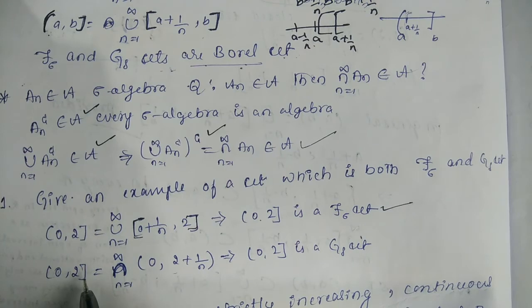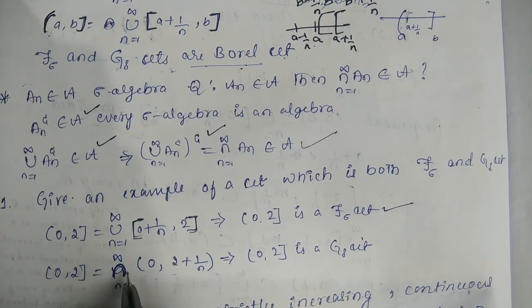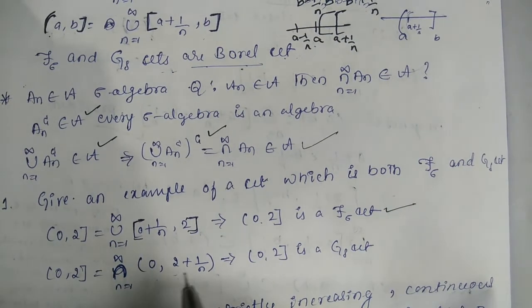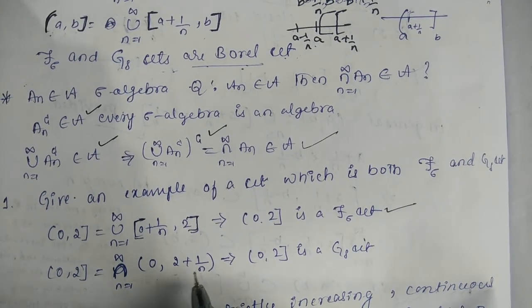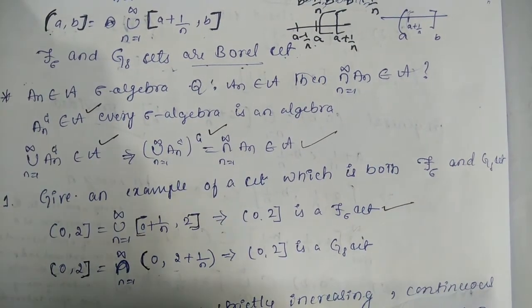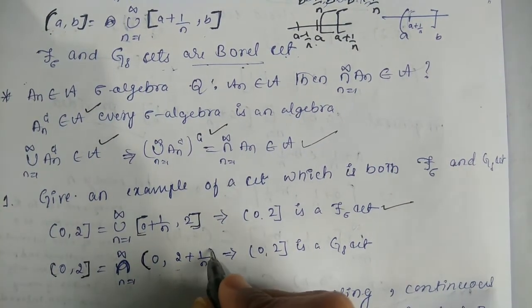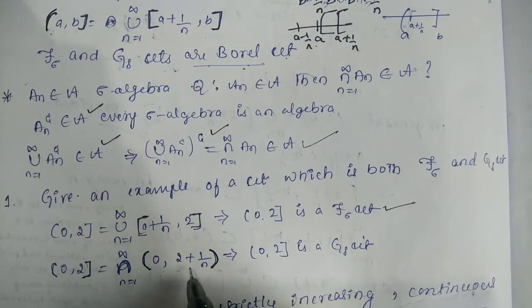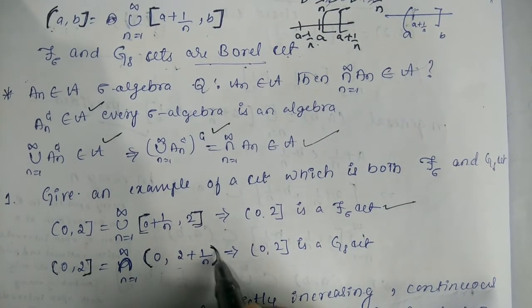Next, (0, 2] can also be written as a countable intersection of open sets, which is nothing but a G delta set. So 0 is open already, so 0 is okay. For 2, to include 2, take 2 plus 1 by n, one more point extra. Then it becomes open.